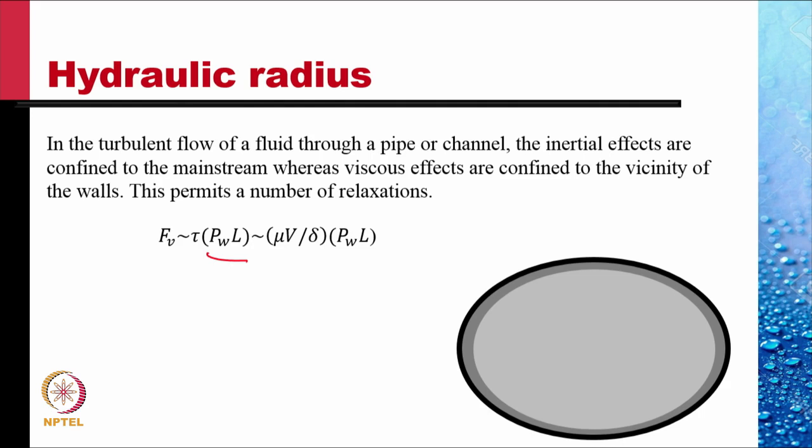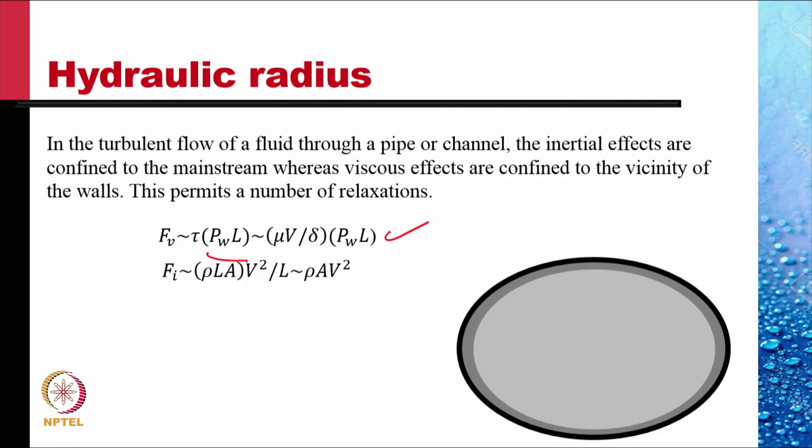So the area here is represented by Pw times L, the wetted perimeter times the length. Tau, of course, is the shear stress, mu times the velocity gradient. And the velocity gradient is in a thin region of thickness delta. So tau is estimated by mu v by delta. So this is the viscous force.